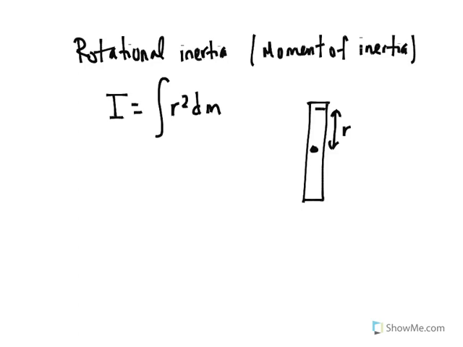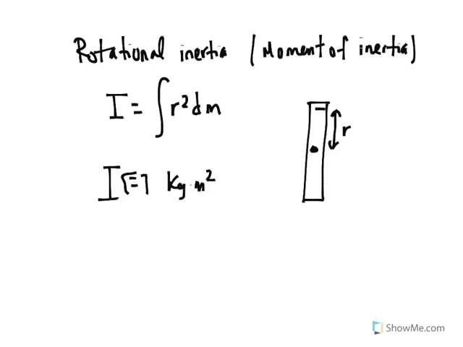And this is an integral, and we're not going to integrate. We have moments of inertia already reported. But the units are kilogram times meter squared. Those are the units of the moment of inertia.